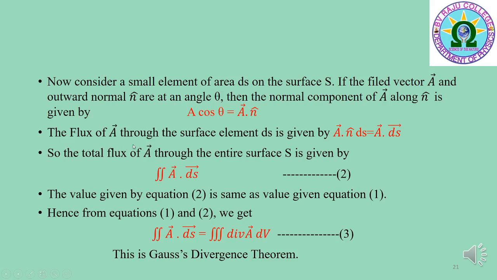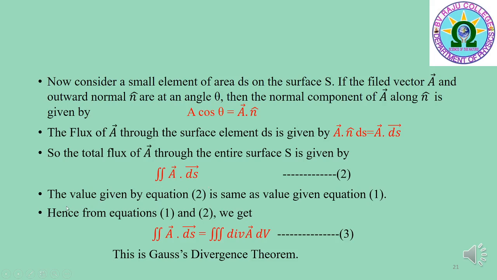The flux of A bar through the surface element ds is given by A bar dot n cap ds, that is equal to A bar dot ds bar. So the total flux of A bar through the entire surface S is given by the surface integral of A bar dot ds bar.